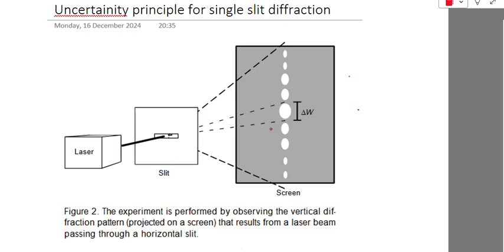On the screen you have a diffraction pattern, having a central maximum of some width. And then you have a slit. Let's imagine the width of this slit is d.